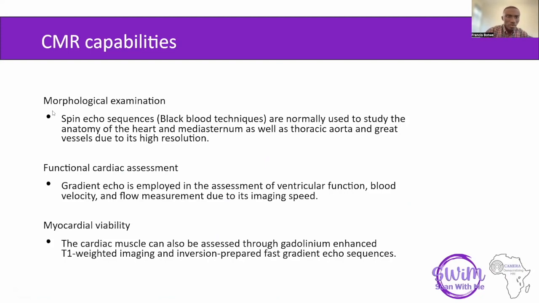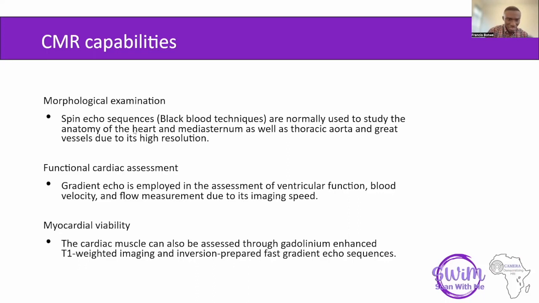Let's look at some of the capabilities of our cardiac MRI. So we can use cardiac imaging to assess the structural changes of the heart. And for this, we normally use spin echo pulse sequences.